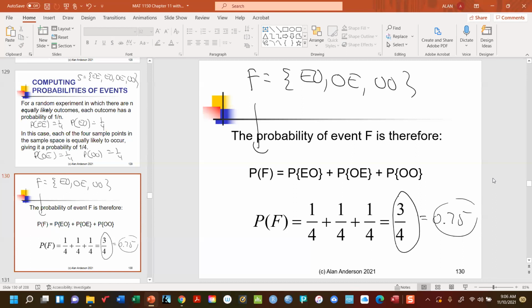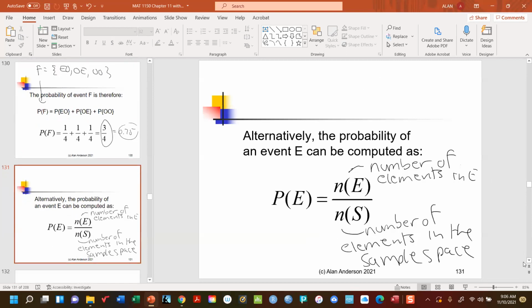But in this case, when we have 4 outcomes, all of which are equally likely, there's actually a shortcut that we can use, but only because each outcome is equally likely. Most of the time they won't be, and the approach we just did will be the way we have to go. But if we get lucky and all the outcomes are equally likely, here's all we have to do: just count them.